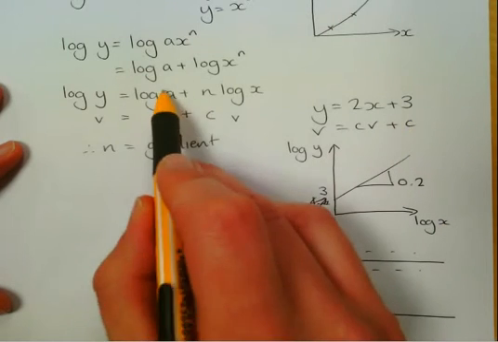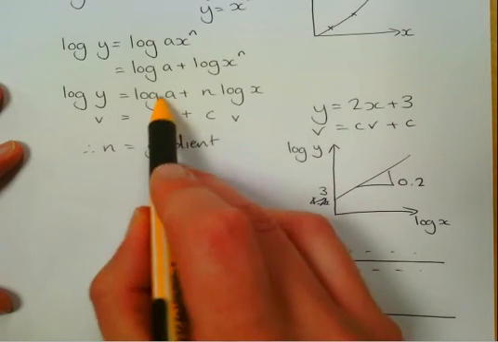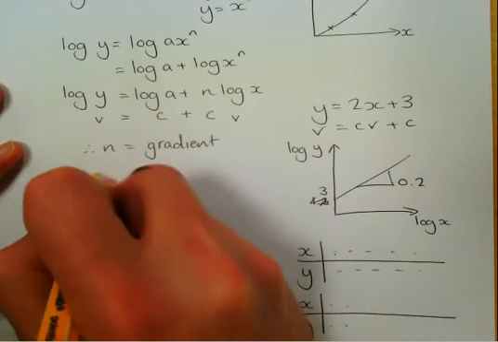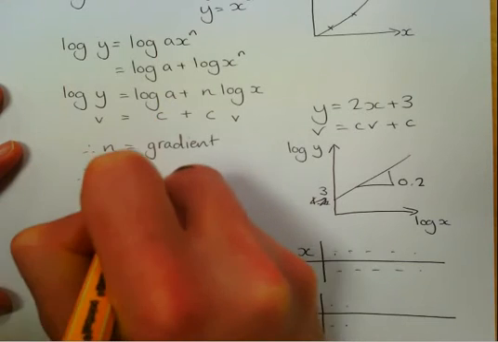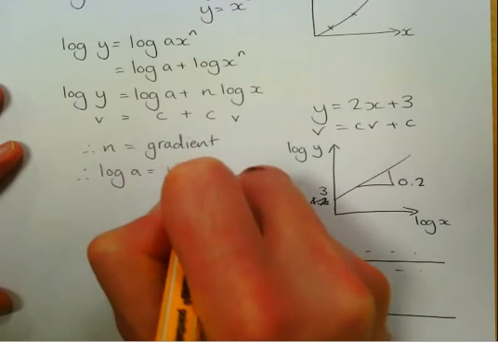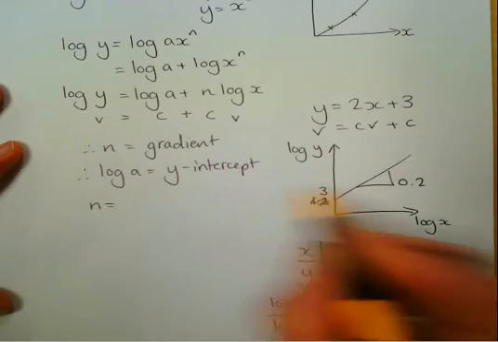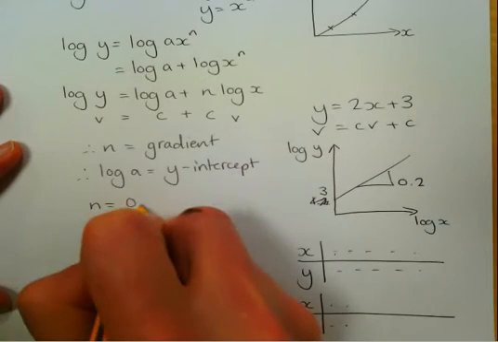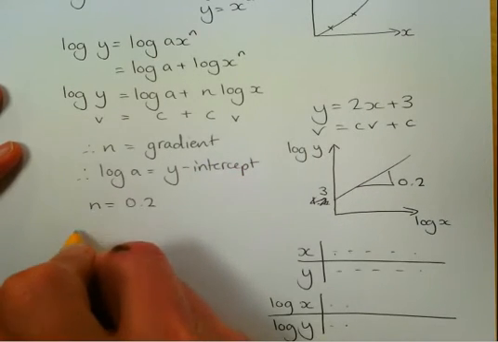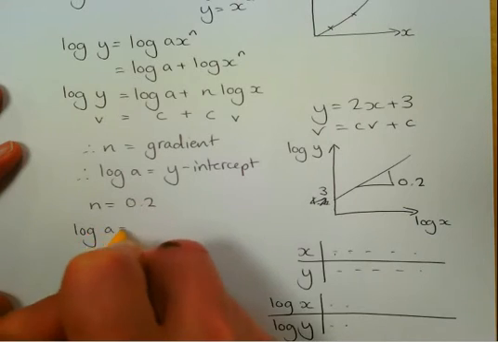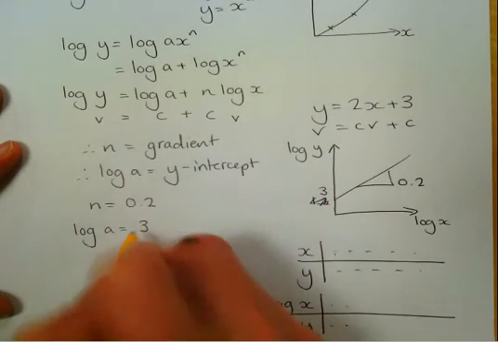So here's my constant term without an x, without the variable attached. So therefore log a is the y-intercept, which means n from my made up numbers must be 0.2, and it means log of a must be equal to the y-intercept, which we can see is 3.